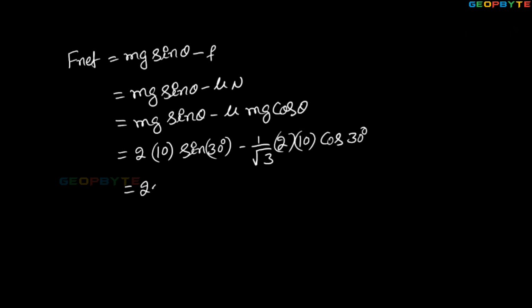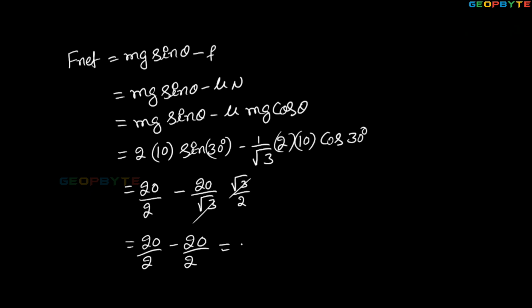It is 20 into sin 30, which is 1 by 2, so 20 by 2, minus 20 by root 3 into cos 30, which is root 3 by 2. Root 3 cancels. Finally, it is 20 by 2 minus 20 by 2, which is equal to 0. Therefore, the net force acting on the block is 0.